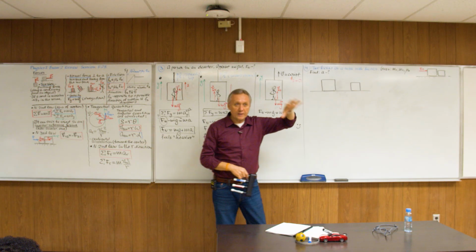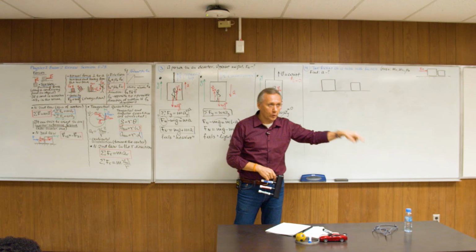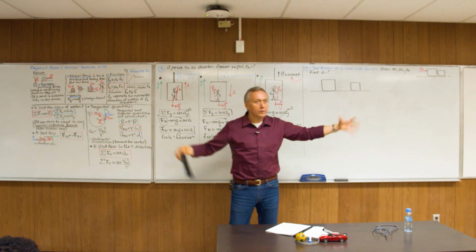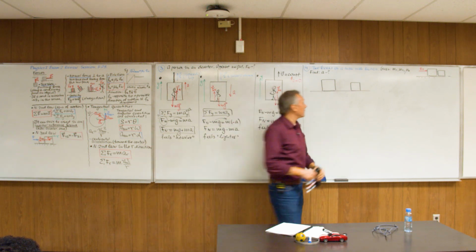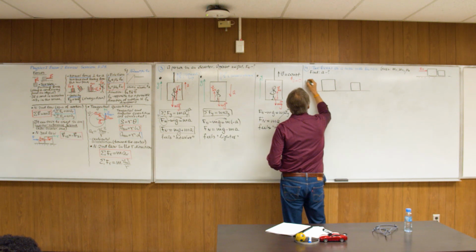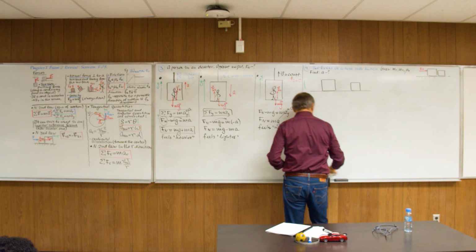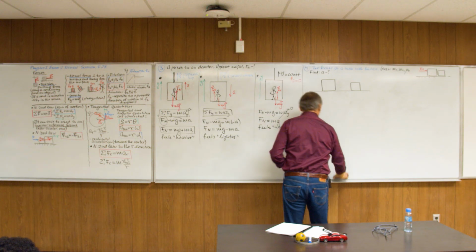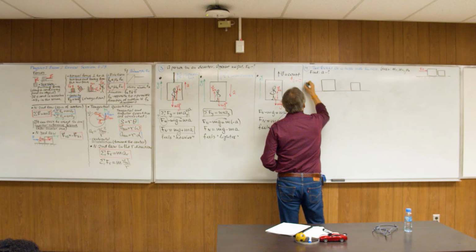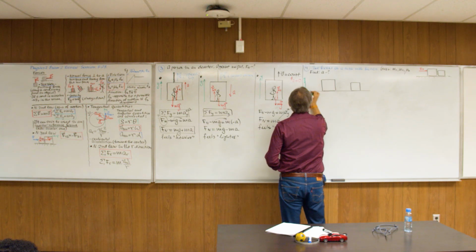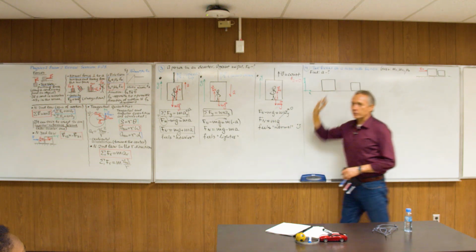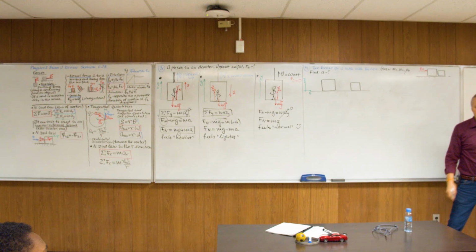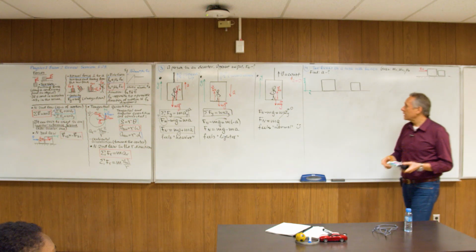Again, if you use kinematic equations, then you need to show where is the origin, because x naught, y naught, it's important. But right now, it's not that. So my y-axis and x-axis. OK, so we have that somewhere in the corner so that it wouldn't interfere with our forces.